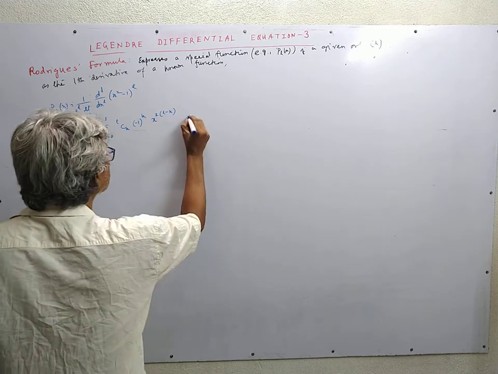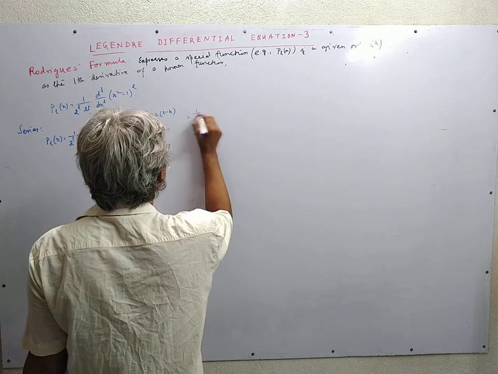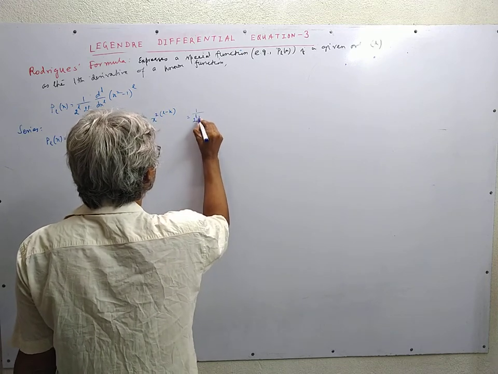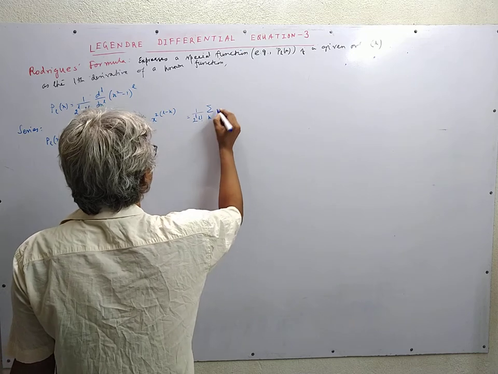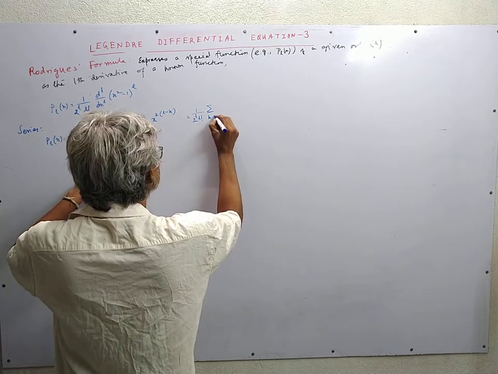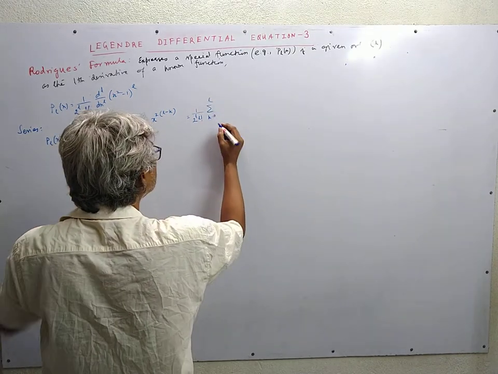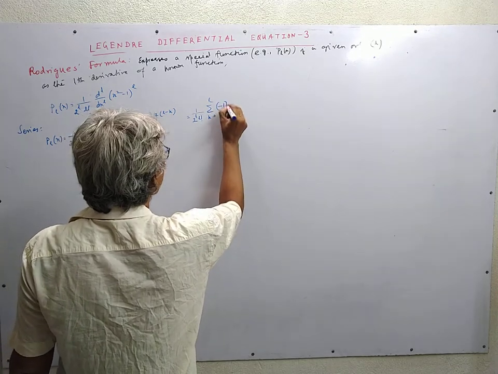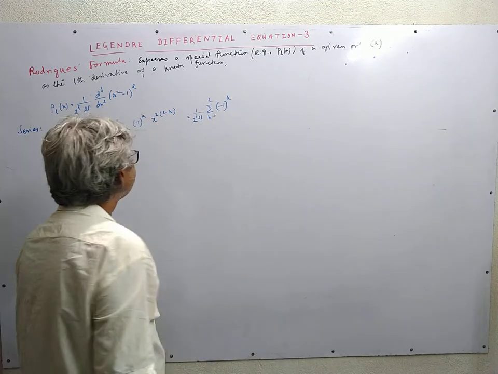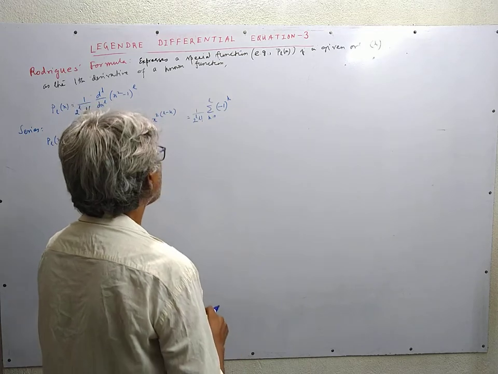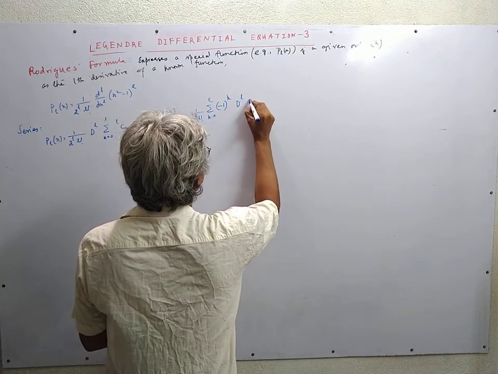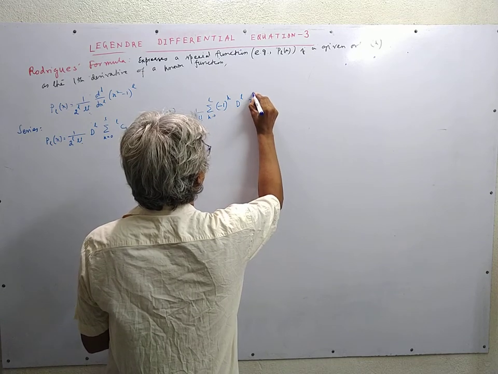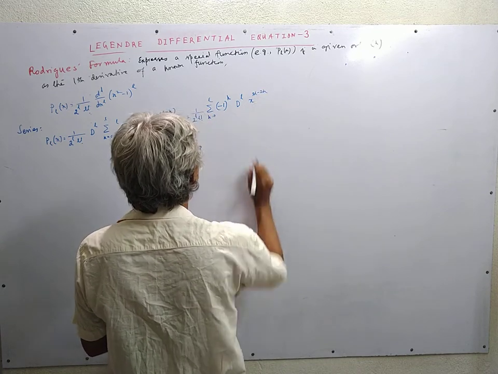So this is equal to 1 upon 2 to the power L L factorial summation over k is equal to 0 to L, (minus 1) to the power k, d^L operating on x to the power 2L minus 2k.